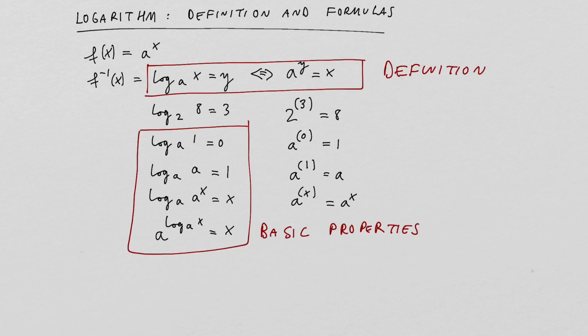We saw the definition of a logarithm and some basic properties. Let's next think about what kind of number a should be and how is the graph of the function. Let's first consider the function a to power x.